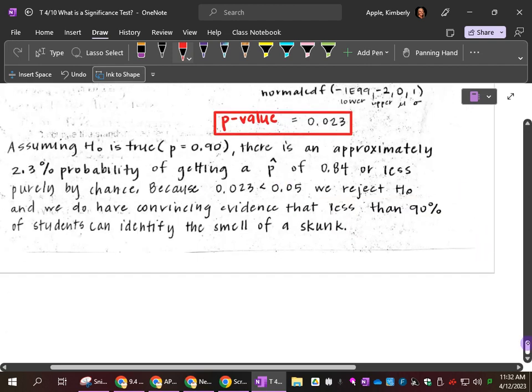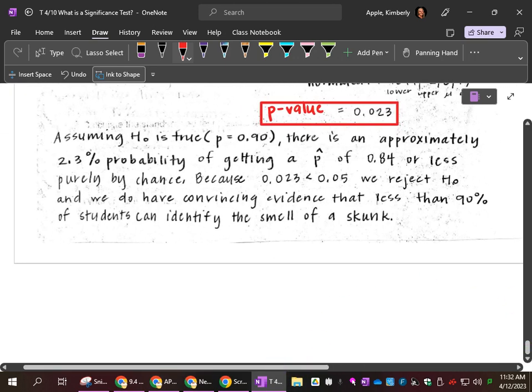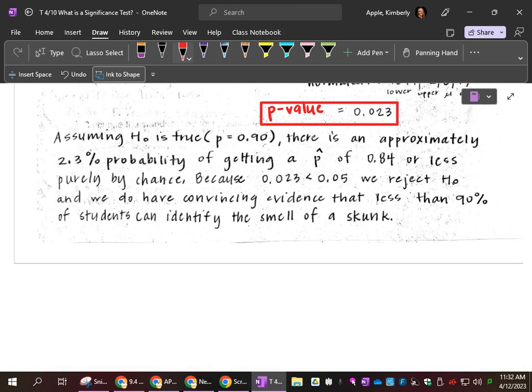And then finally, for the first time, writing for you, I've had several questions about what the full conclusion should be, and this is it. It combines the two things I had you interpreting yesterday into a single conclusion. The first is the interpretation of the p-value, assuming H0 is true, and then there's H0, p equals 0.90.